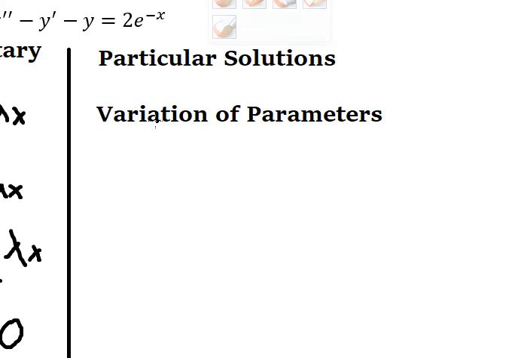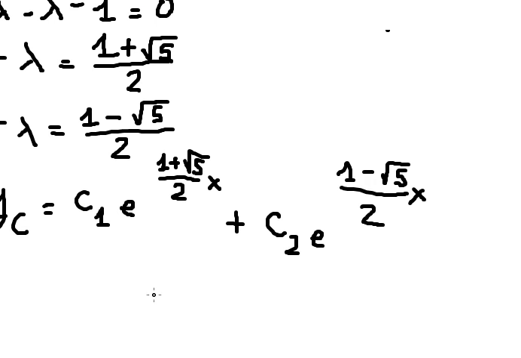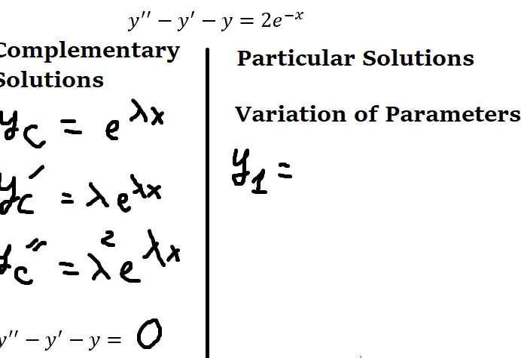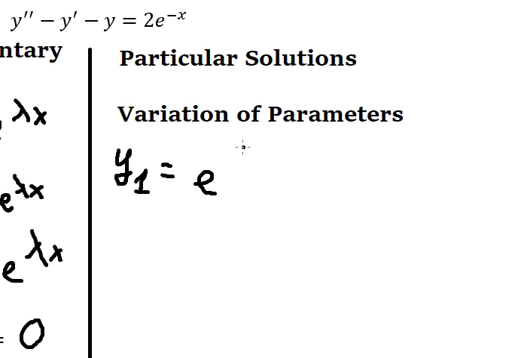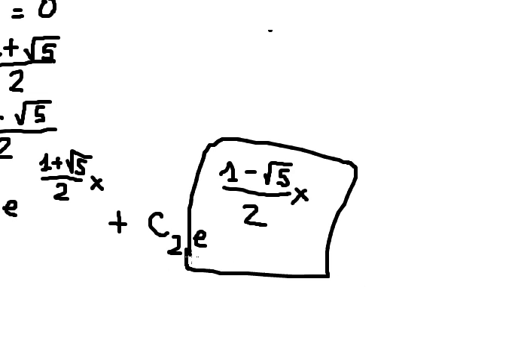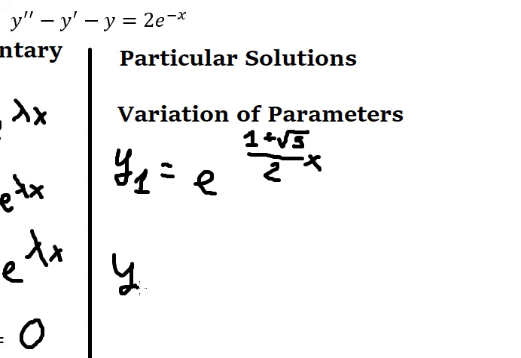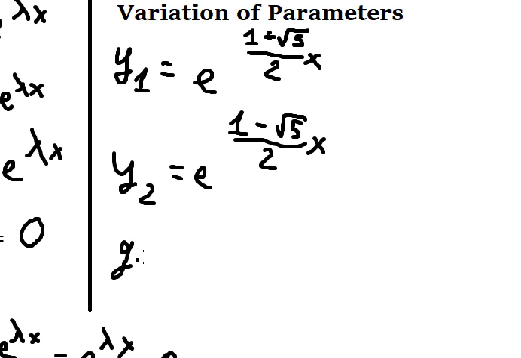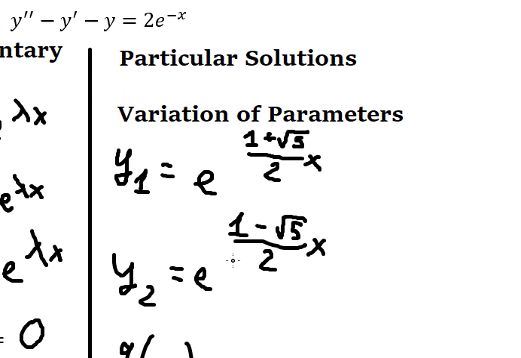So I will put y1, that is this one, and y2, that is this one, and g of s, that is this one.